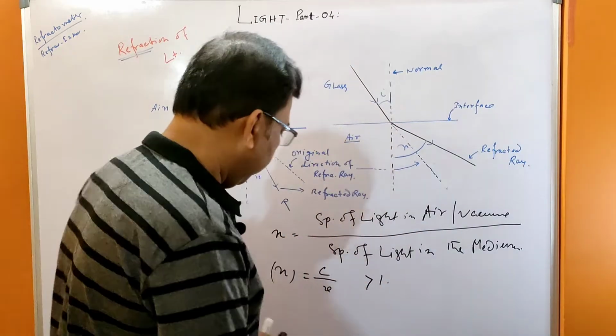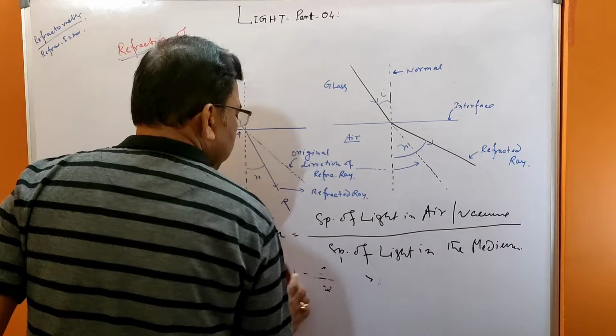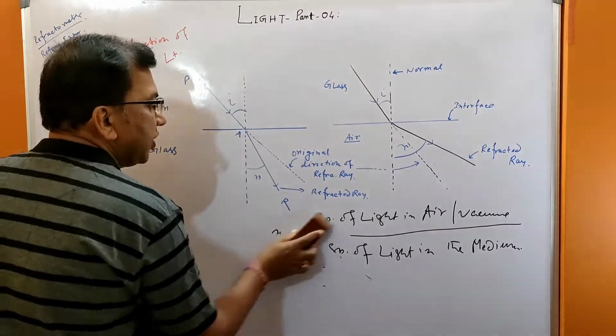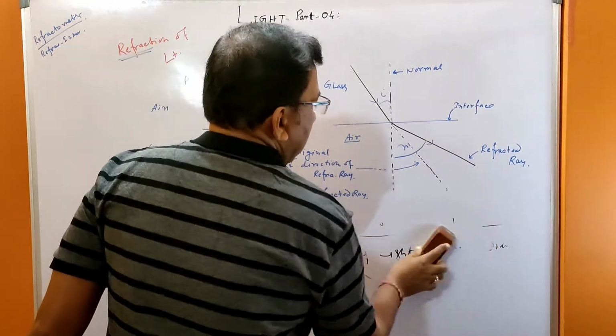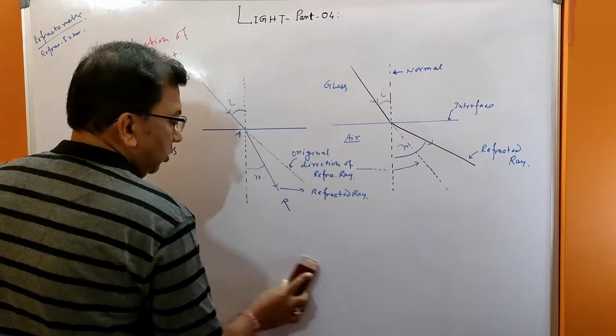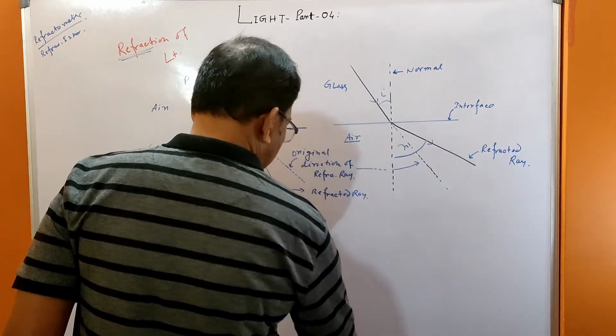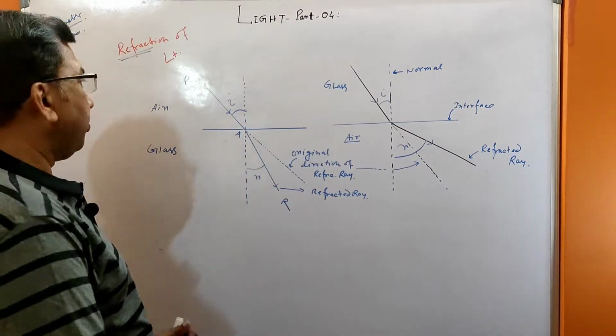Clear? This is the absolute refractive index and the relative refractive index.